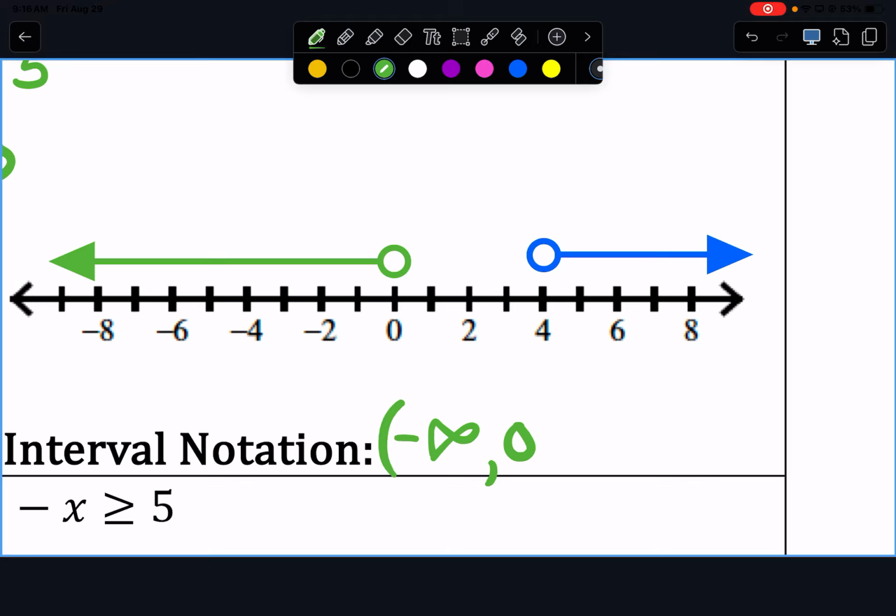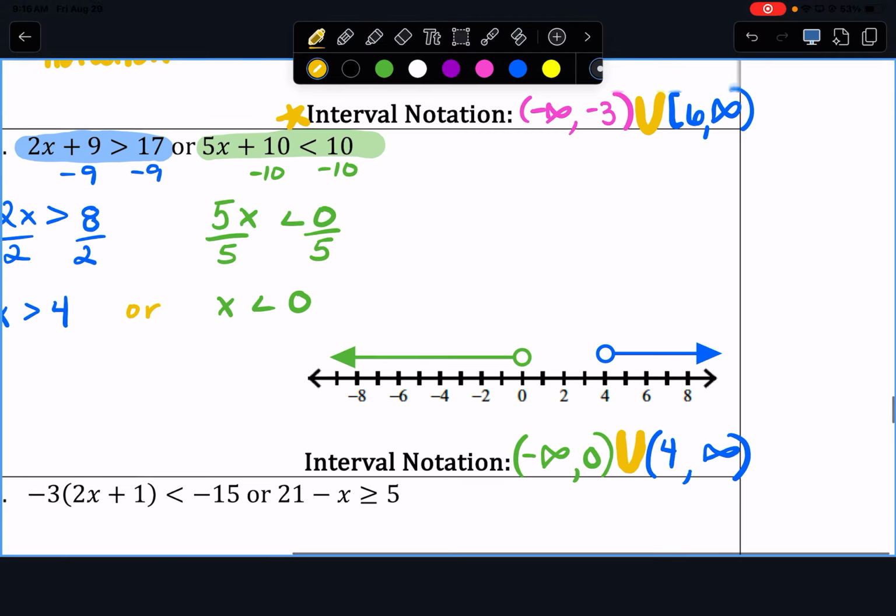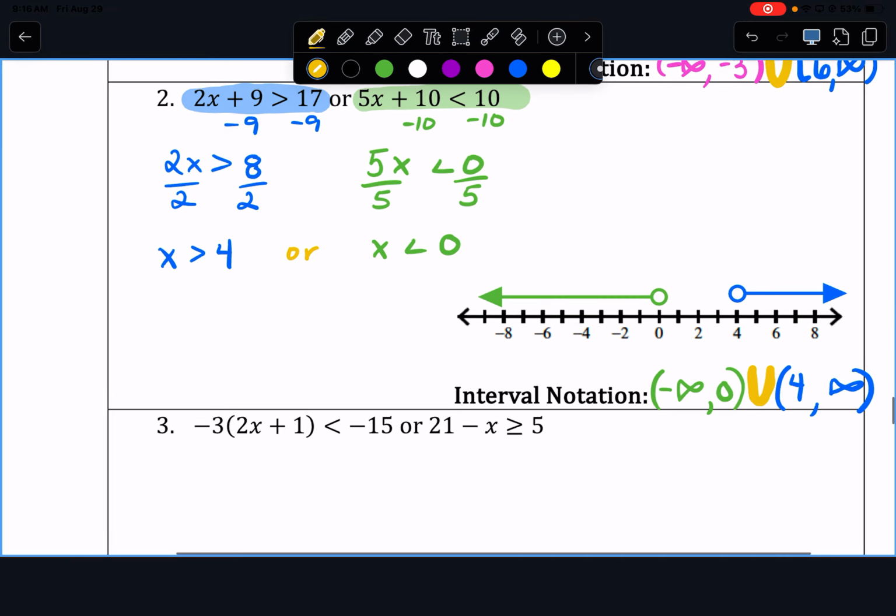Parentheses or bracket? Parentheses. And then the blue piece. Parentheses to infinity. And then how do I join the two? And so that would be how we would do this problem.